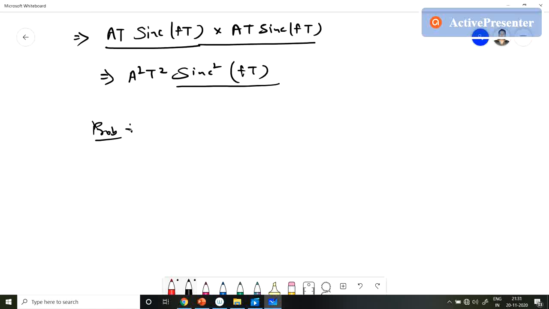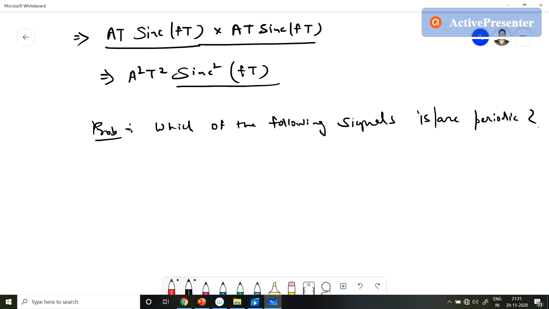which of the following signals are periodic? We have part A, s(t) equals cos 2t plus cos 3t plus cos 5t.